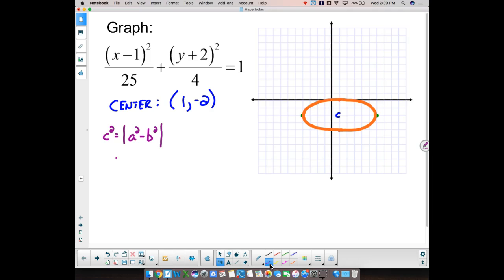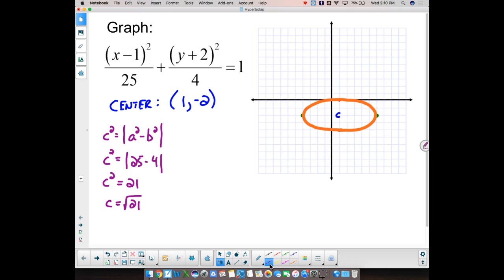So that's going to be, in this case, 25 minus 4, which means c squared is going to be 21. So c is the square root of 21. Now, square root of 21 is like 4.5-ish. Probably like 4.6-ish.